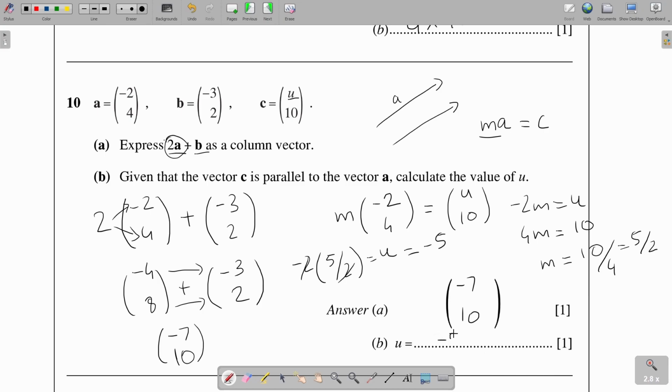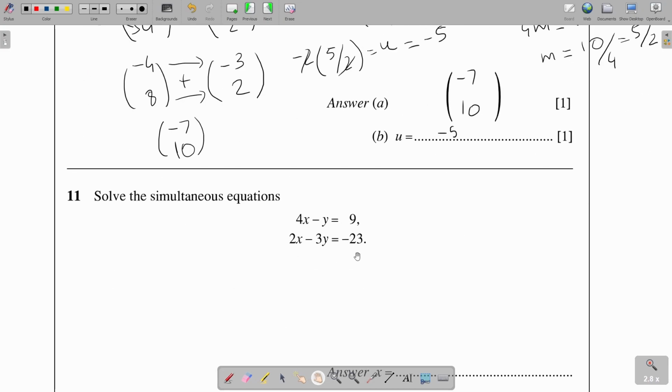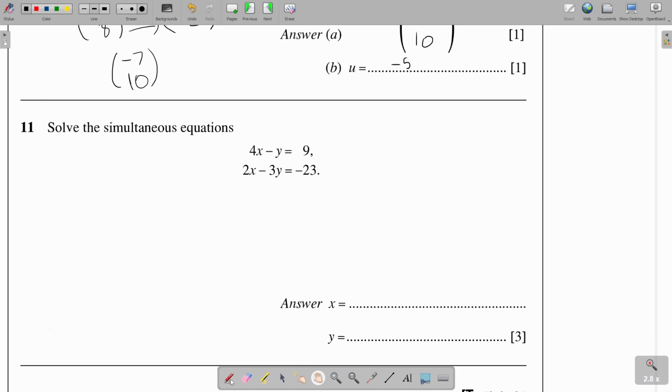And let's write that down over there. All right, lastly, we have question 11. We just need to solve these simultaneously. Something that I like to do is I see that this has a 2 and this has a 4, and this would be the easiest to solve out. So 4x is equal to, if in the top equation I add y on both sides, y goes away from here, and here we get 9 plus y.